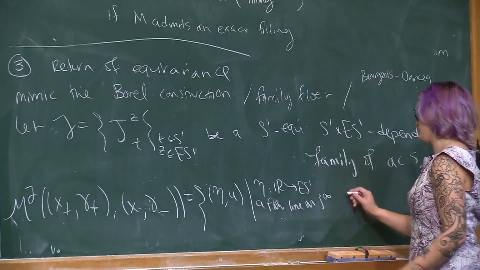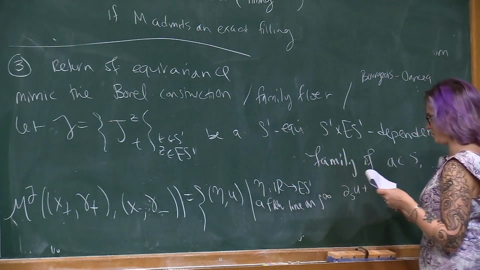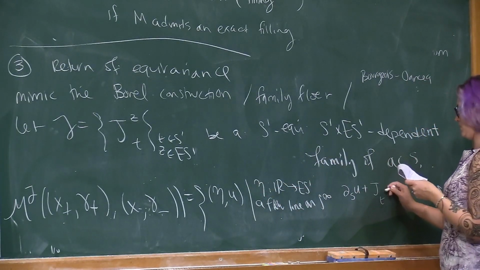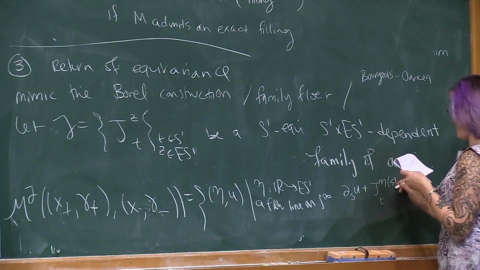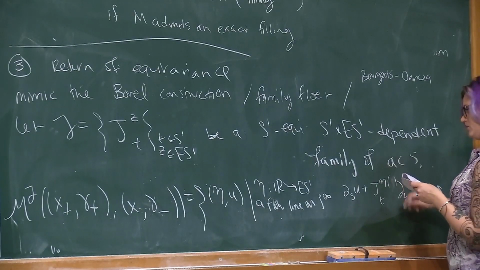And then your J-holomorphic curve equation depends on this eta. So you have J_{t,eta(s)} of dt, U. Oh no, this is a Z.